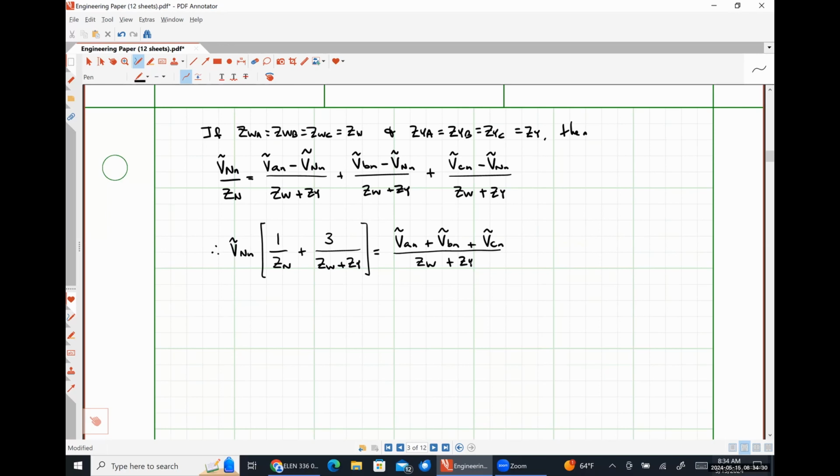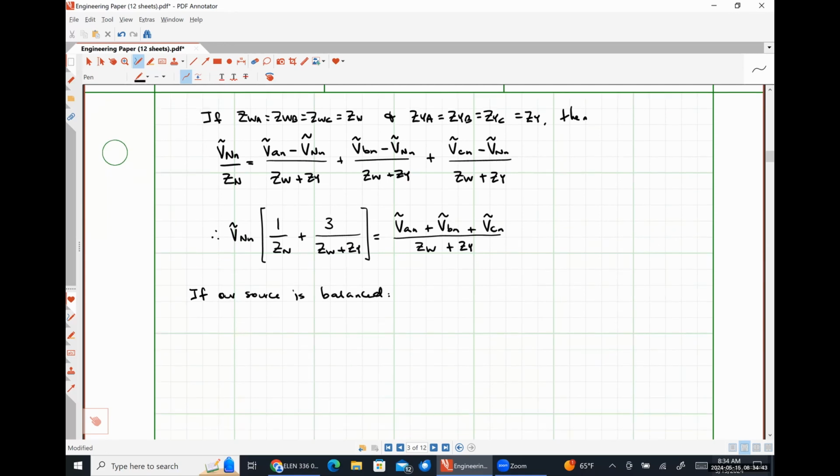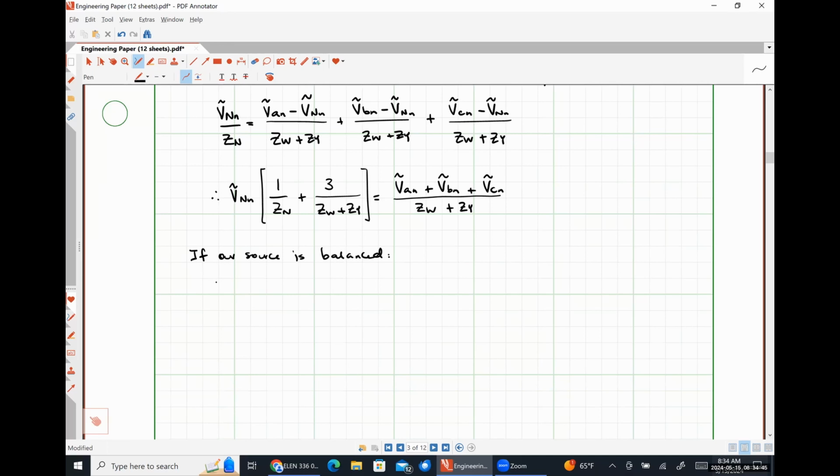So if our source is balanced, then we should be able to determine the sum of those three phase voltages, right?